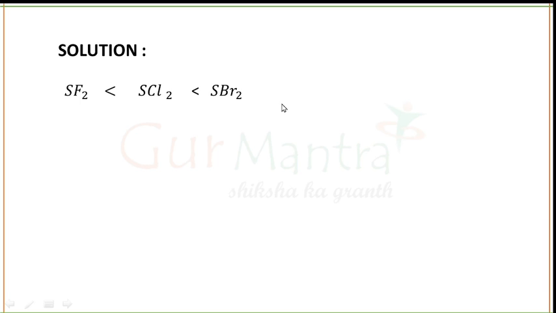Let's recall the VSEPR theory quickly. What we have studied in this video lecture in the previous slides: number 1 point was, if the central atom possesses only bonded pairs of electrons with identical atoms, then the shape of the compound will be symmetrical. Number 2 point was, if the central atom possesses bonded pairs of electrons as well as lone pairs of electrons, then the shape of the molecule will be unsymmetrical. If you increase the number of lone pairs of electrons, then the bond angle decreases by 2.5 degrees.